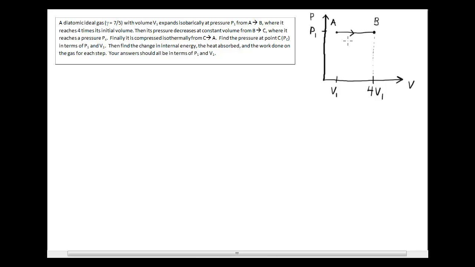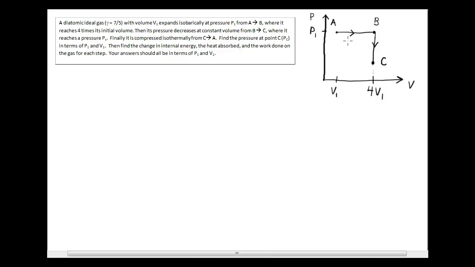Then, from point B, the pressure decreases at constant volume from B to C, where it reaches a pressure P sub C. We don't really know where that is, and once again, I'm having trouble drawing straight lines. We'll just stop it here at some point. This is point C. That's the isovolumetric process where the pressure decreases.